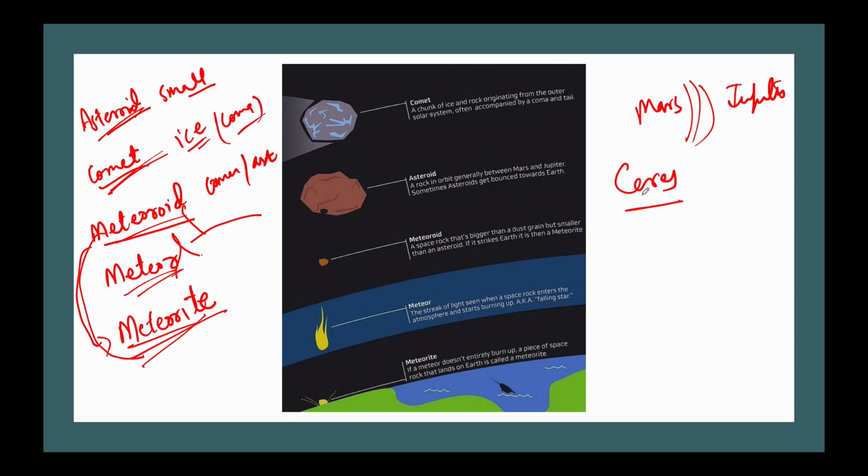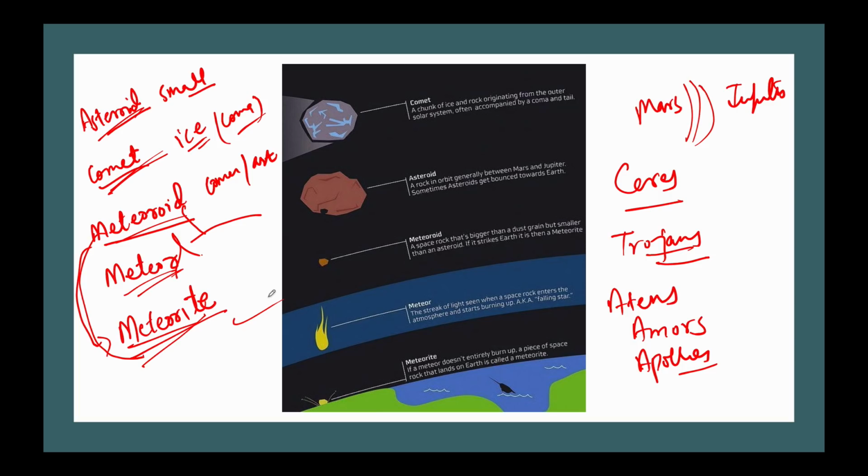Now many asteroids lie outside the main belt. For instance, a number of asteroids known as Trojans lie along Jupiter's orbital path. There are three groups like Atens, Amors, and Apollos. They are known as near-Earth asteroids which orbit in the inner solar system and sometimes cross the path of Mars and Earth. So this is about asteroids.